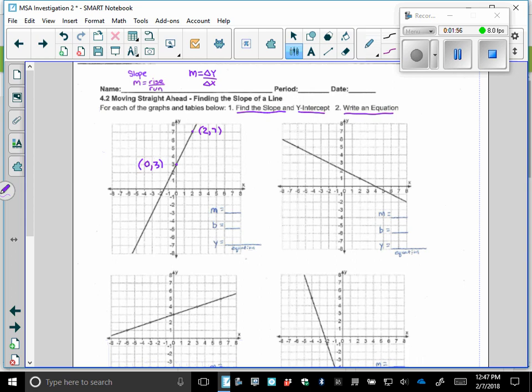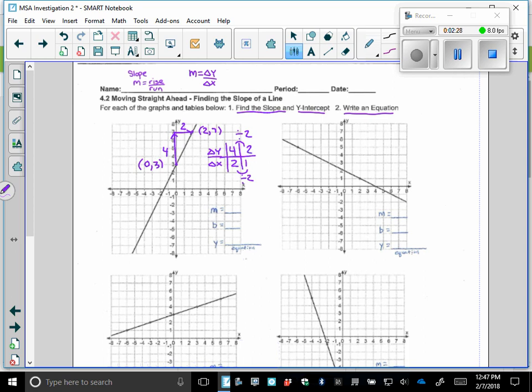So I like to use the triangle as a visual. My rise and my run are up and to the right, so they're both positive. I went up 4 and to the right 2. So my change in y over change in x, or my rise over run, is up 4 over 2. And I can simplify that to be 2 over 1.